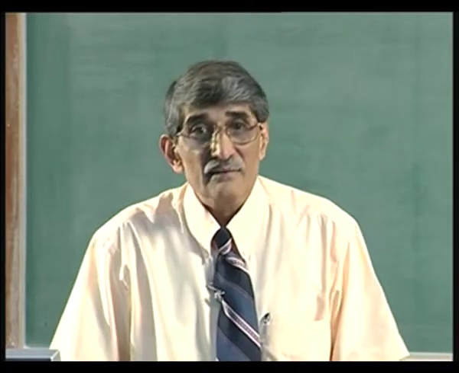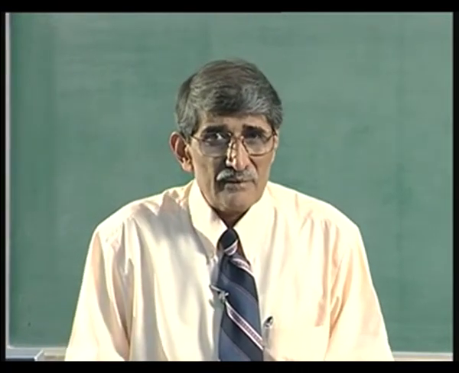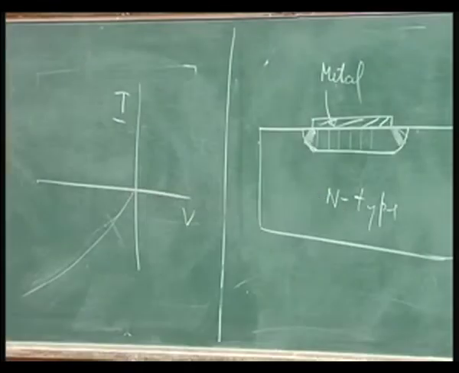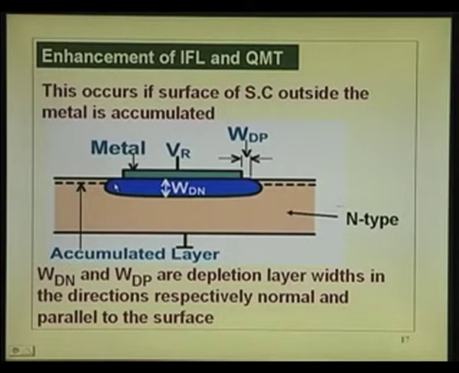The other one is the field plate. Both of them reduce the field just in that portion. Both of them try to reduce the field here, because that is the one which is increasing, which is the cause of the increase in the reverse current due to barrier height lowering and due to quantum mechanical tunneling, which are due to the peak electric field increase.